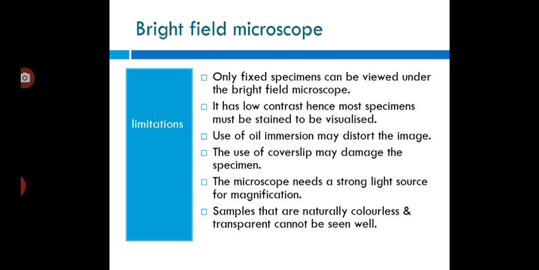The use of a cover slip may damage the specimen in some experiments where the cover slip is placed upon the specimen. The microscope needs a strong light source for magnification or viewing the particles under the microscope. Samples that are naturally colorless and transparent cannot be seen well.